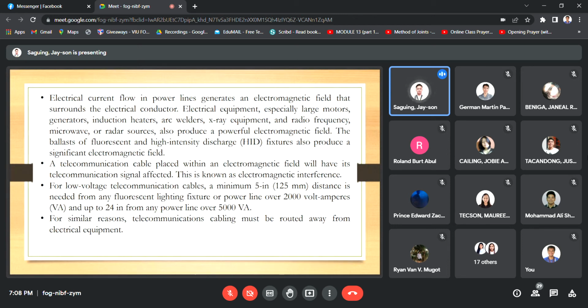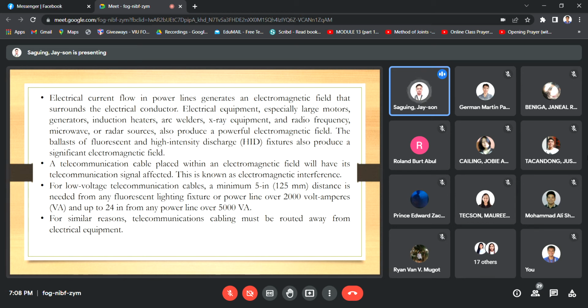Electrical equipment, especially large motors, generators, induction heaters, arc welders, X-ray equipment, and radio frequency, microwave, or radar sources also produce a powerful electromagnetic field. The ballast of fluorescent and high-intensity discharge, or HID, fixtures also produce a significant electromagnetic field.